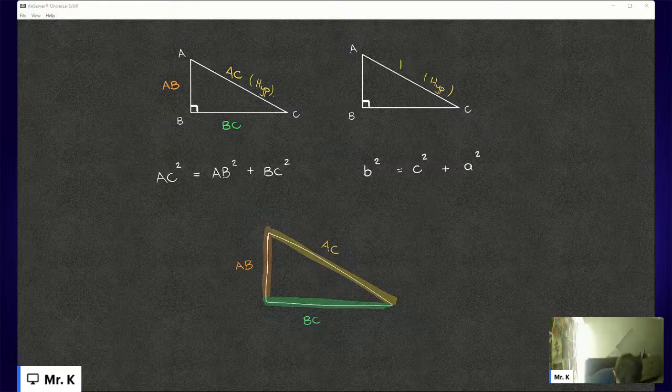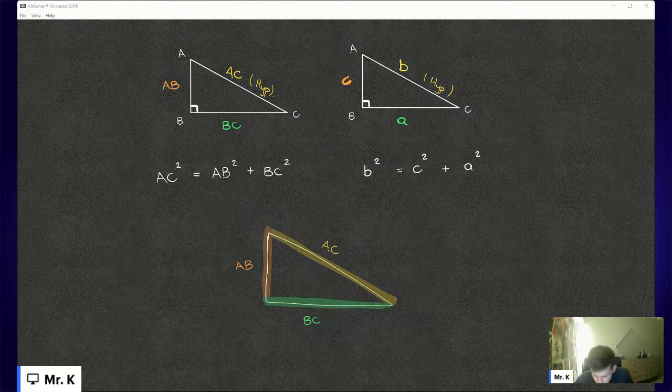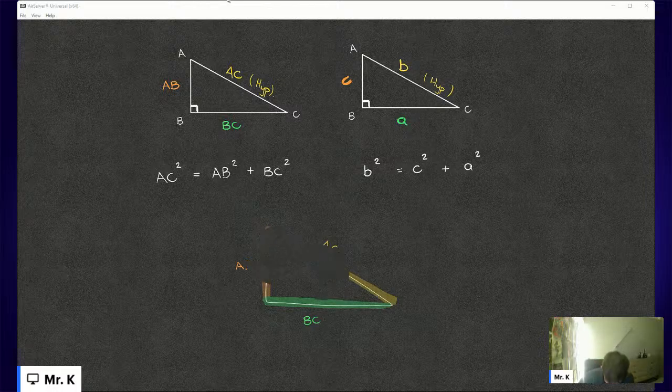So we know that this longest side is B over here, this base is A, and the far left-hand wall is C. So now that we have a few colors involved in the situation, let's rearrange the formulas that we already have.